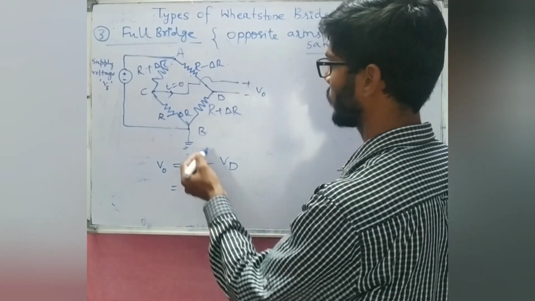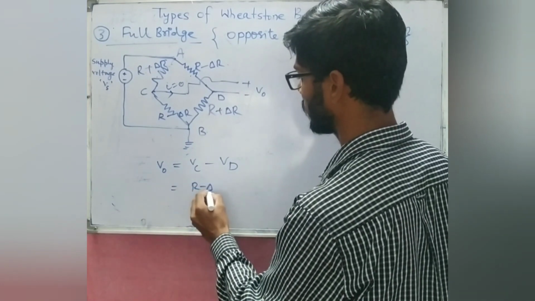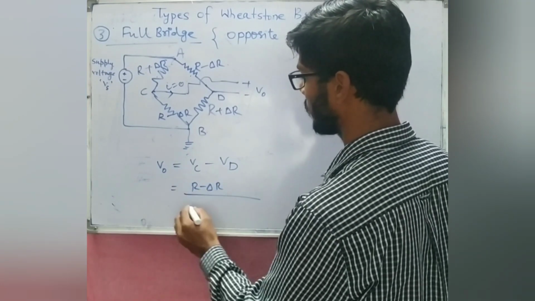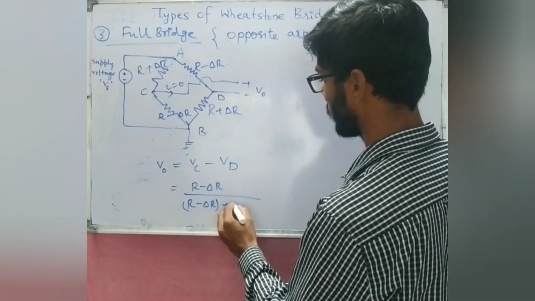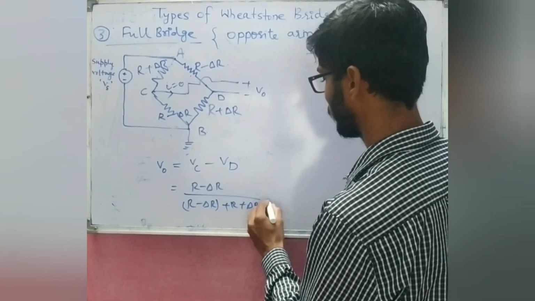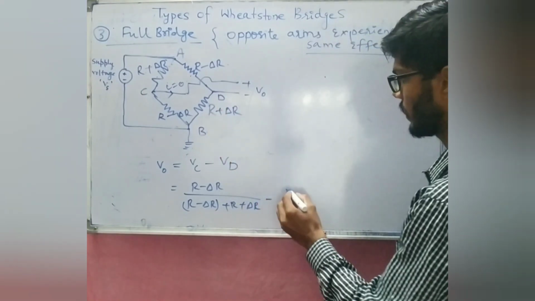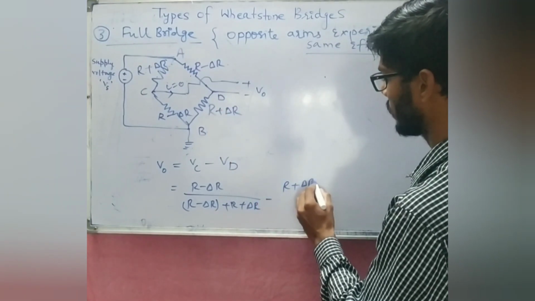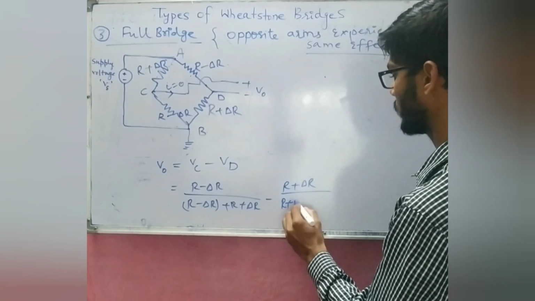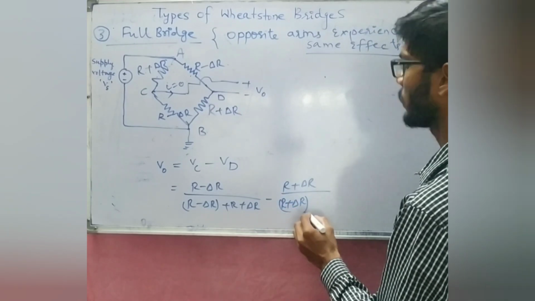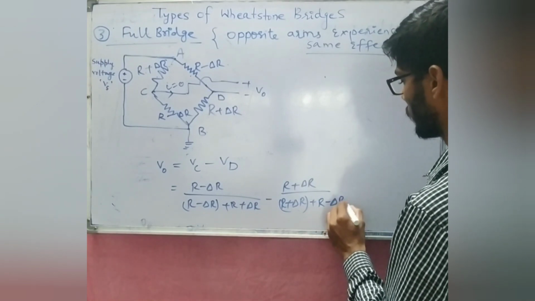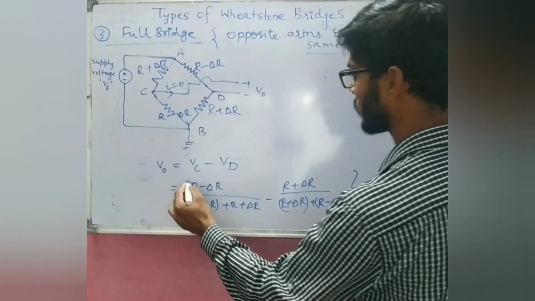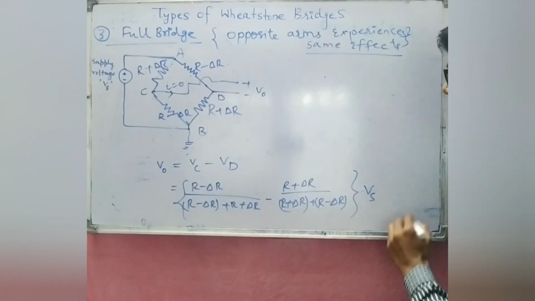The voltage at point C is going to be (R minus delta R) divided by (R minus delta R plus R plus delta R), minus the voltage at point D, which is going to be (R plus delta R) divided by (R plus delta R plus the arm resistance between A and D, R minus delta R), and the whole expression multiplied by Vs.